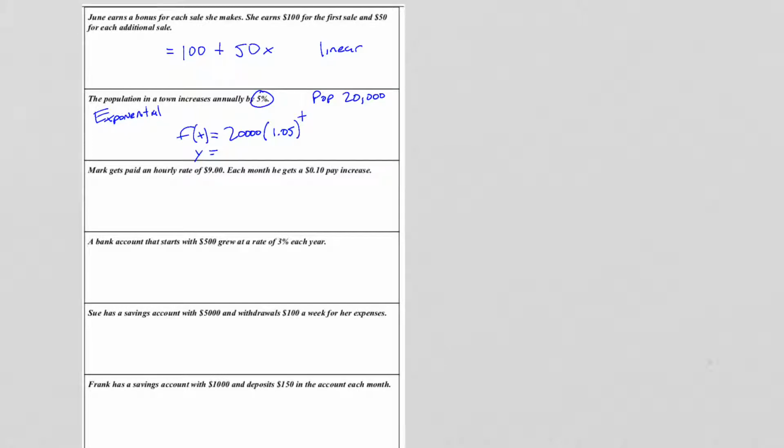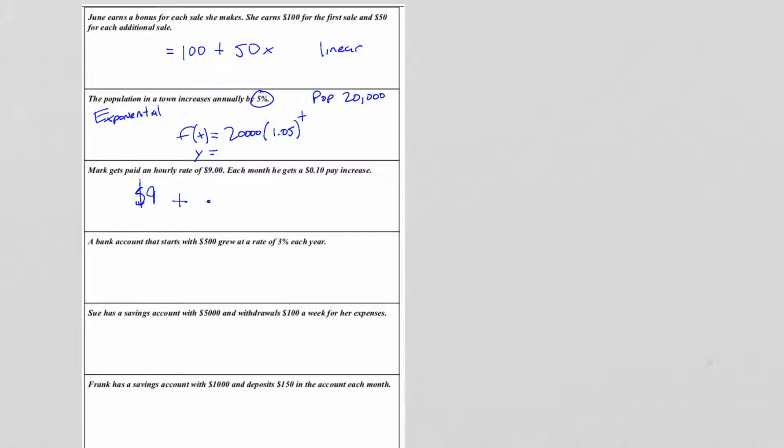Now this one, Mark gets paid an hourly rate, $9 an hour. He must work in Arizona because minimum wage in California is 10. $9 an hour for every hour he works. Let's see. Nope, it's not 9x. If you just wrote that down, I'm sorry. $9 an hour.